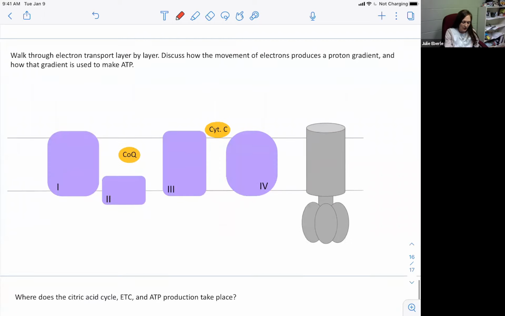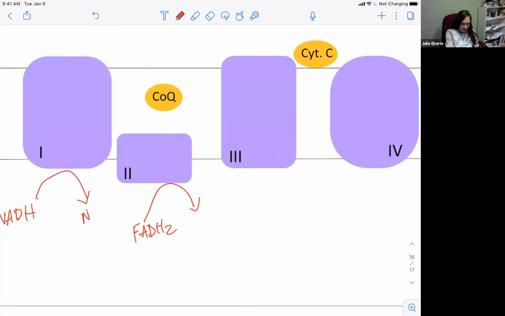Okay, so I'll get you guys started. NADH, FADH2, we said the first step here is that they're going to be oxidized back to their original forms, NAD plus, FAD. So this is oxidation.